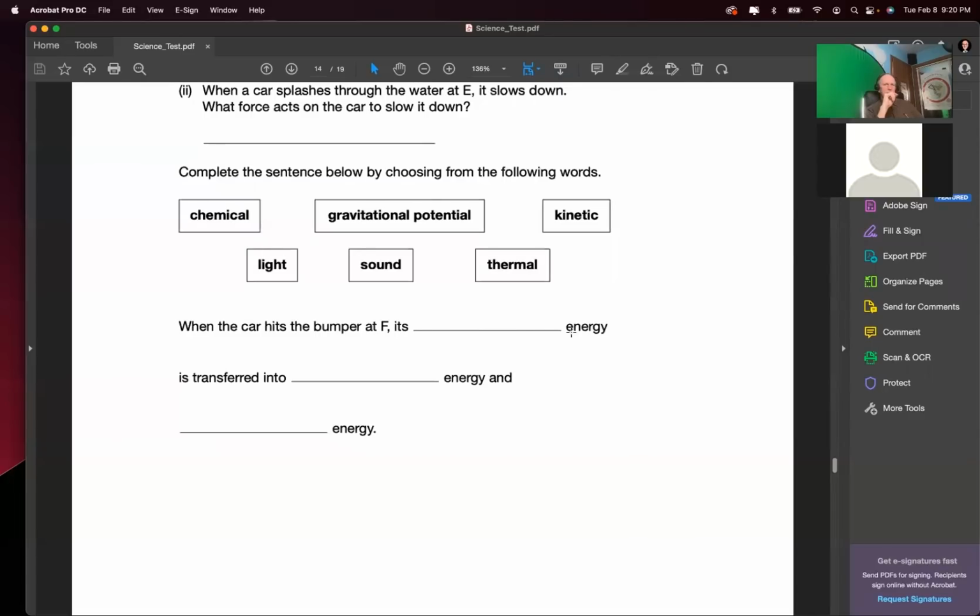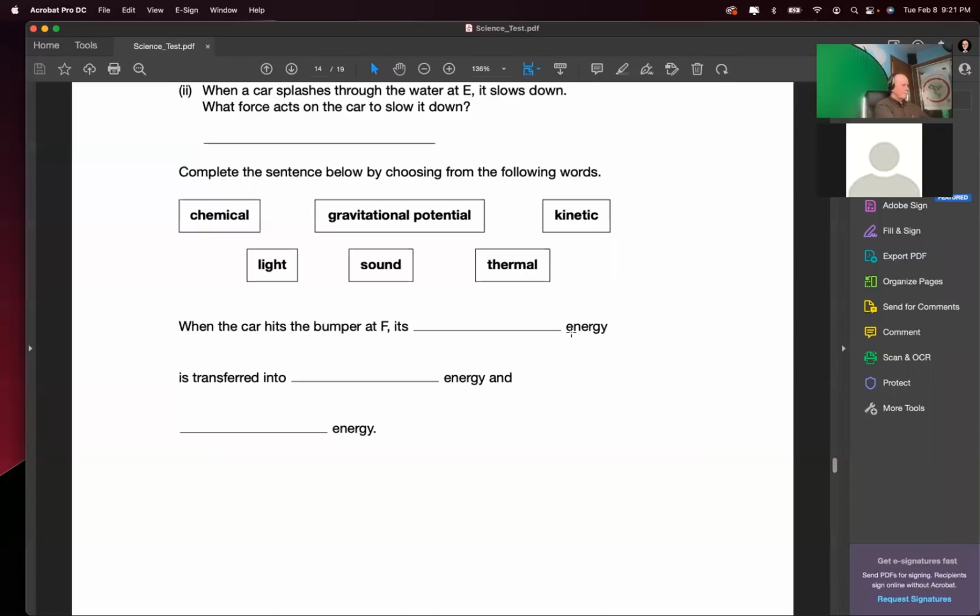Anyway, yes. So I guess kinetic for the first blank, and I guess you could say sound and thermal energy for the second two, if you wanted to use different words. What's the thermal energy and the sound energy?